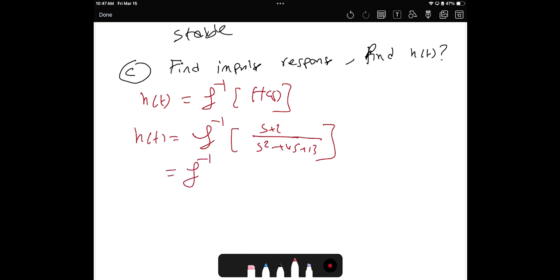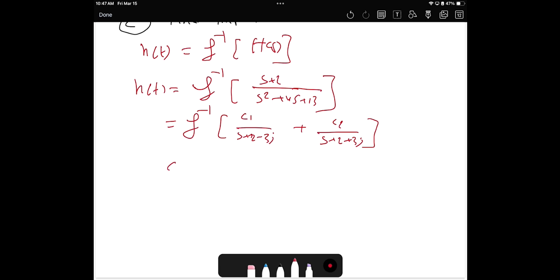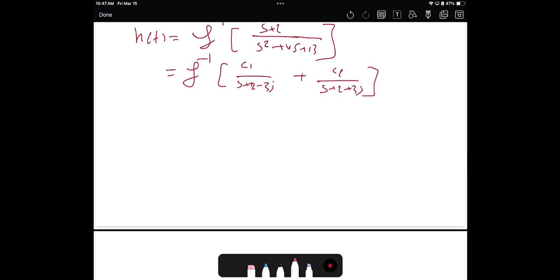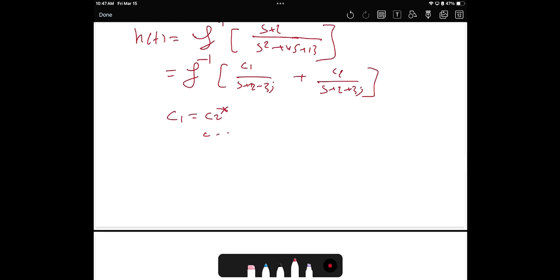So we take the Laplace inverse of c1 over s plus 2 minus 3j plus c2 over s plus 2 plus 3j. c1 and c2, to keep in mind, will be complex quantities. So you can solve it this way. There is another way.